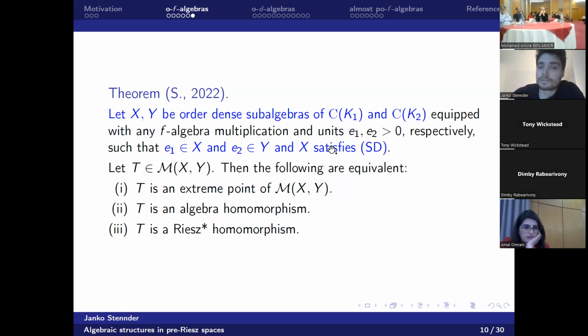So we need the property SD to again ensure that the disjointness actually means something. And then using a result Anke, Onno, and I had in a recent paper that any positive disjointness preserving operator is actually Riesz star, we can then finish the theorem. So SD is kind of hidden here, as algebra homomorphisms relate more to disjointness than actually to Riesz homomorphism, although in vector lattices, of course, it's the same.